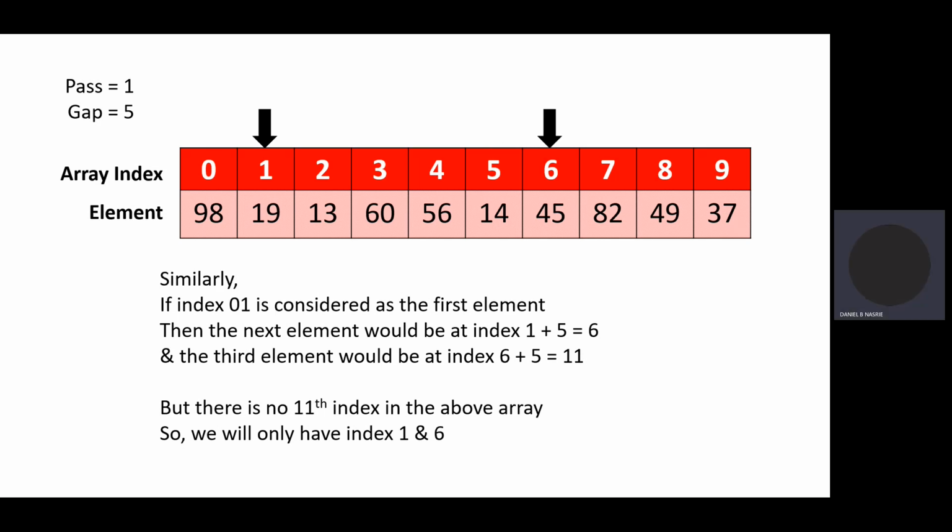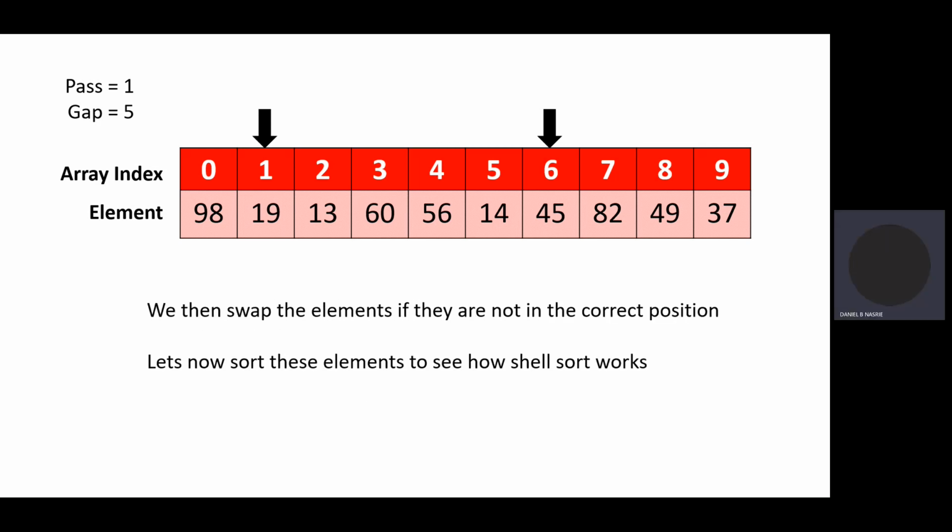Similarly, if index 1 is considered as the first element here, then the next element will be at index 1 plus 5, which is 6. So this will be the second element. And the third element will be at index 6 plus 5. However, there is no 11th index as well in this array, so we will only have index 1 and 6. We then swap the elements if they are not in the correct position, such as this one and this one.